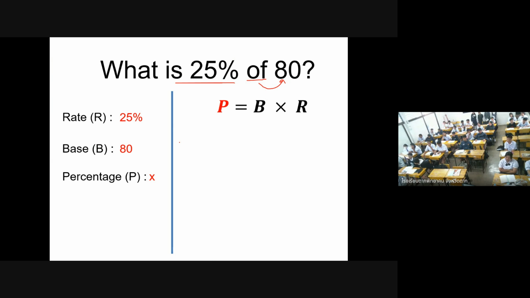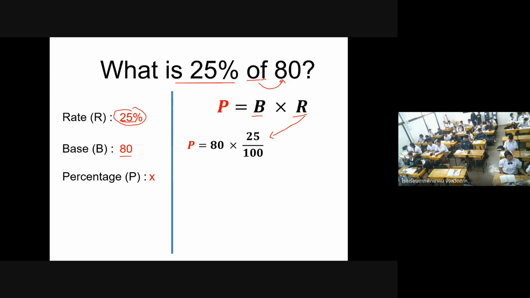So with the question, what is 25% of 80, what is our B? 80. Now, everyone, the rate is 25%. But in computing the percentage, we don't use the percent sign. If we write it as our rate, it will now become 25 over 100.